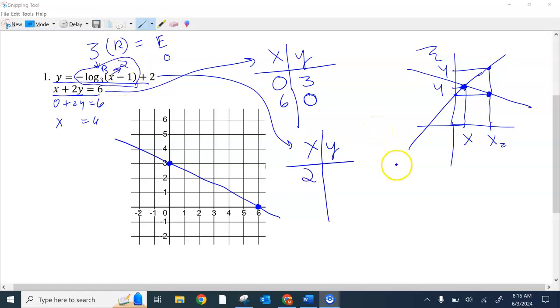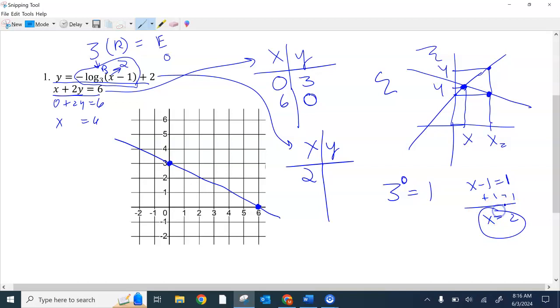And so maybe it's even easier to write it out like this: 3 to the power of 0 is equal to 1, right? So that means the parentheses needs to be equal to 1. So x minus 1 is equal to 1. Add 1 to both sides, x is equal to 2, okay?